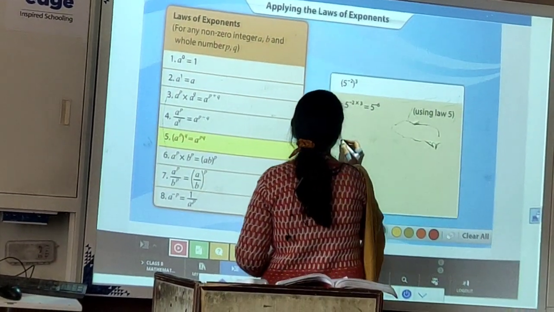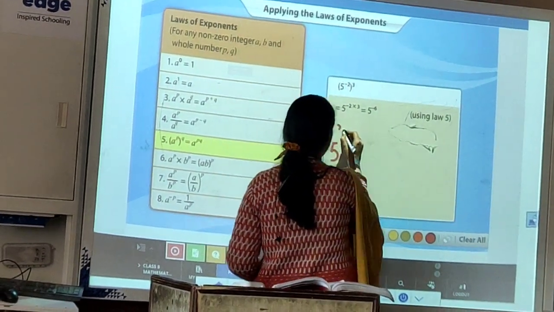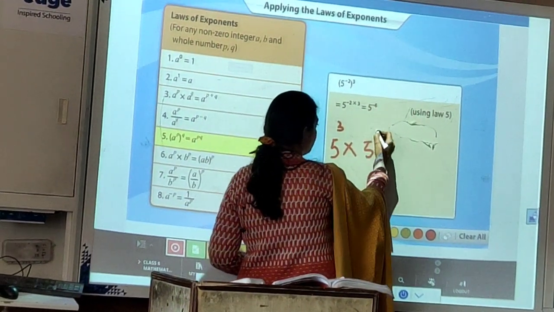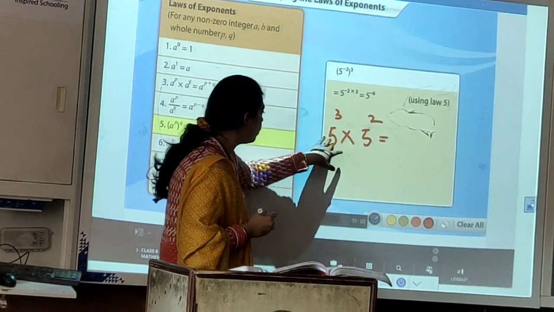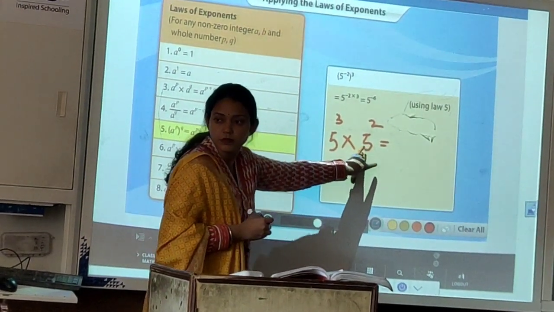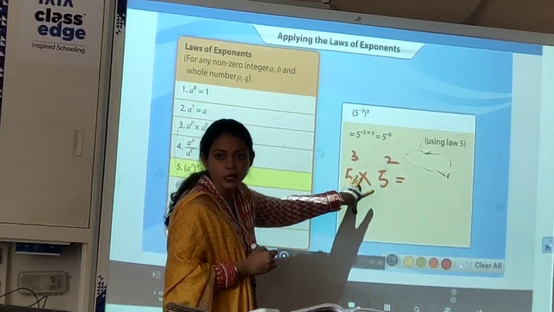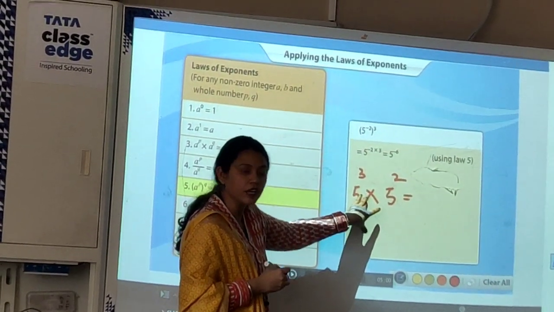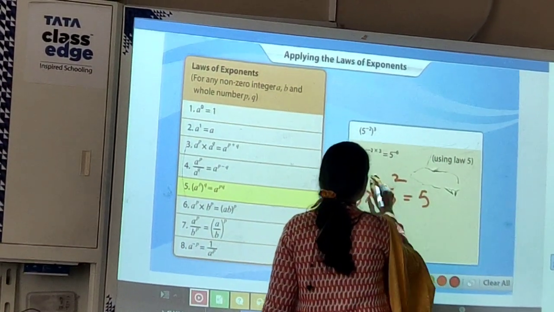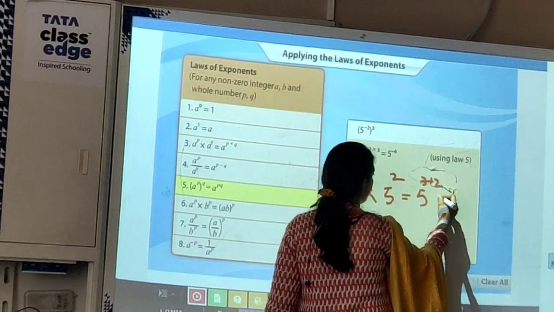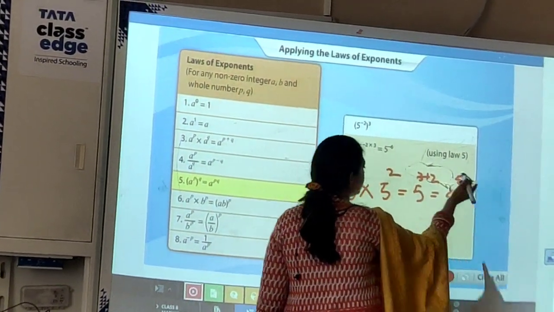Look here. For example, 5 raised to power 3 into 5 raised to power 2. Both the bases are same. This is a sign of multiplication, so powers get added. So it becomes 3 plus 2, 5. That is 5 raised to power 5.